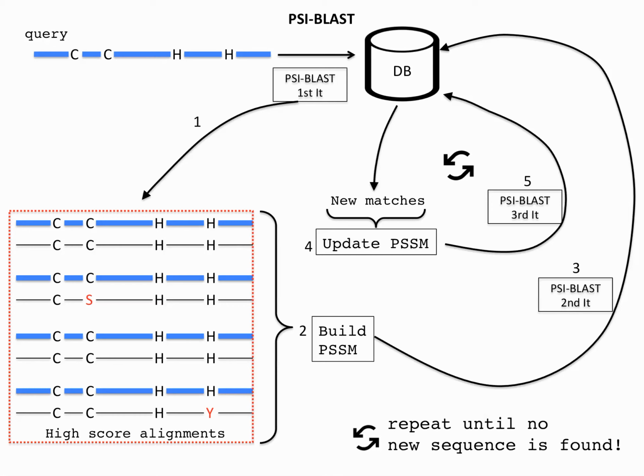The process to perform a PSI-BLAST search is iterative. First, a list of closely related proteins is created using a standard BLAST search. The first step is doing a normal BLAST search and collecting the first high score alignments.